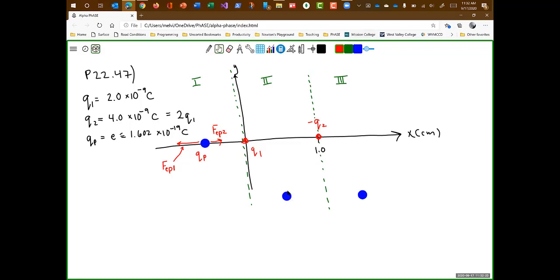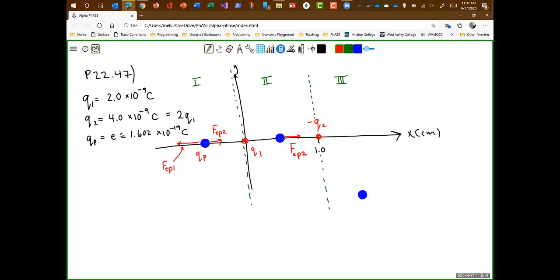I'm going to look at region 2. And in region 2, I see that the negative charge will still attract the proton. So I will call this the electric force on the proton from charge 2.